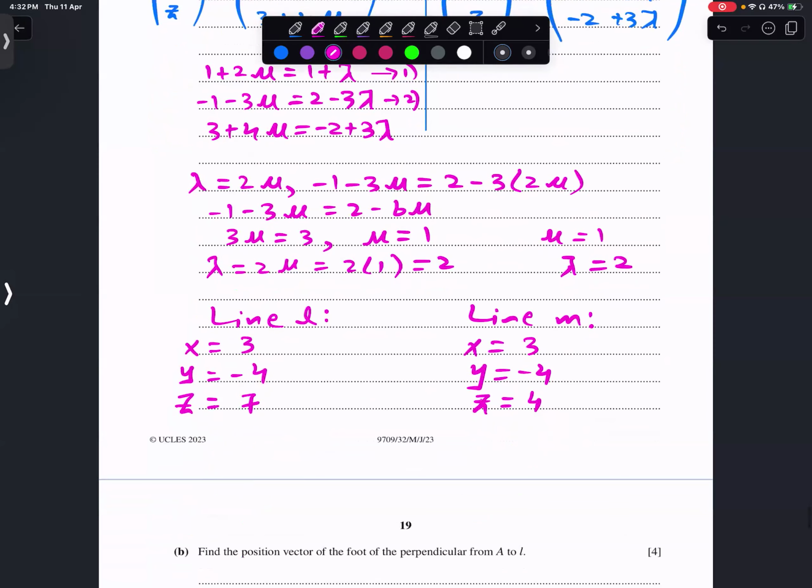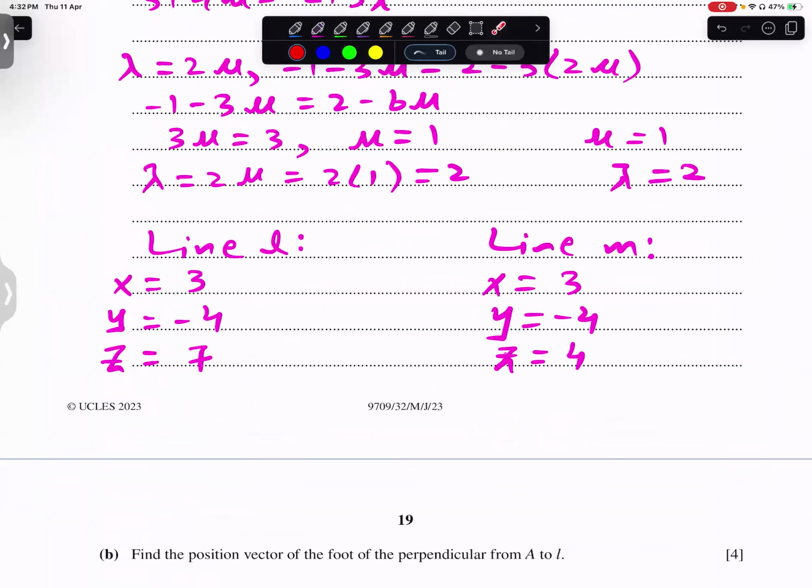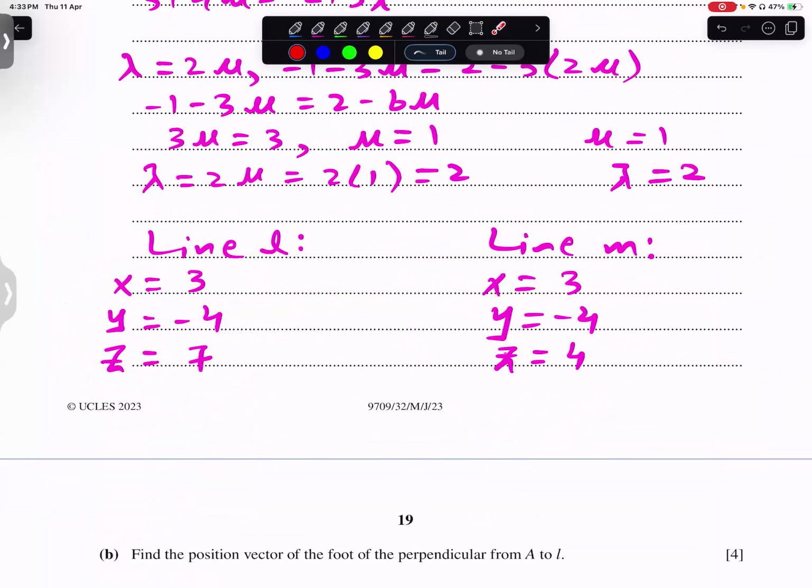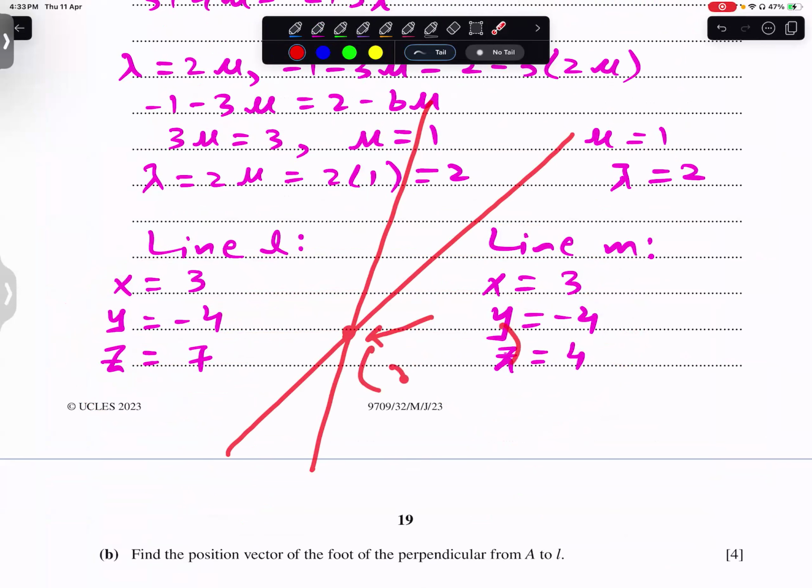So students, you can see that the two lines have different points of intersection. Like X and Y are the same, but Z is different. So you can think in your mind that the two lines cannot intersect, because if two lines intersect, definitely their X, Y, Z will be the same.